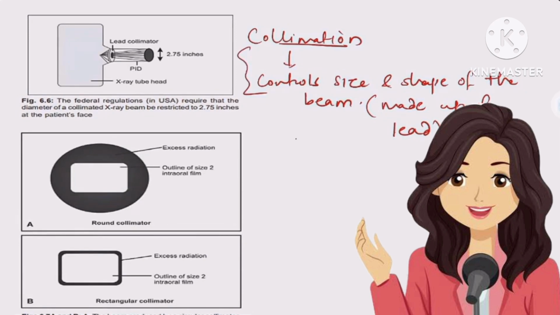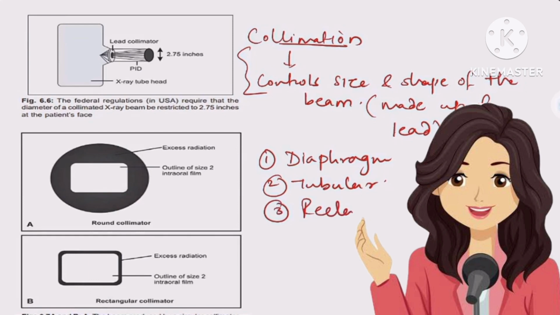Now, you have different types of collimator, different shapes. We have the diaphragm collimator. Second, we have the tubular collimator. Third, we have the rectangular collimator. And then we have the slit collimator.